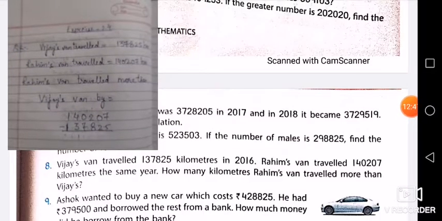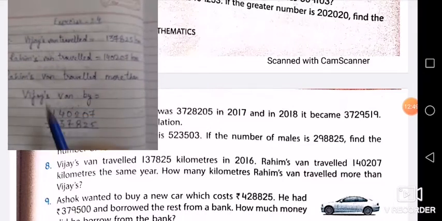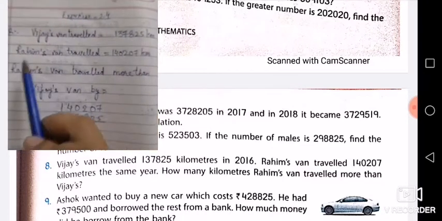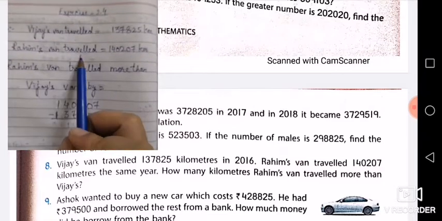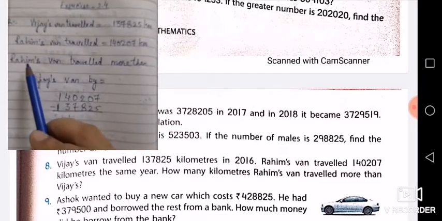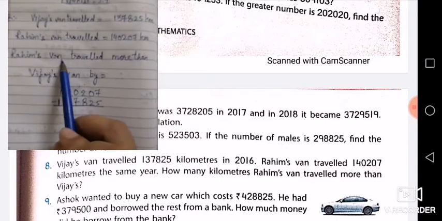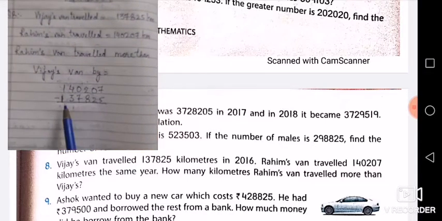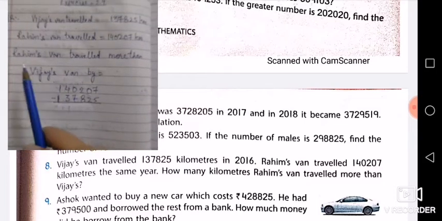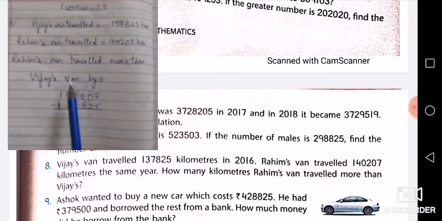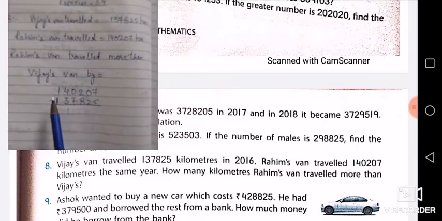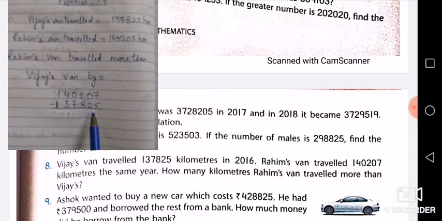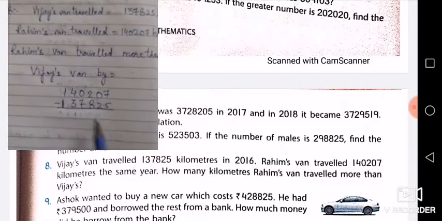Now you have to find by how much more distance Rahim's van travelled than Vijay's van. So here we write the distance travelled by Rahim's van minus the distance travelled by Vijay's van. Then we will do subtraction.